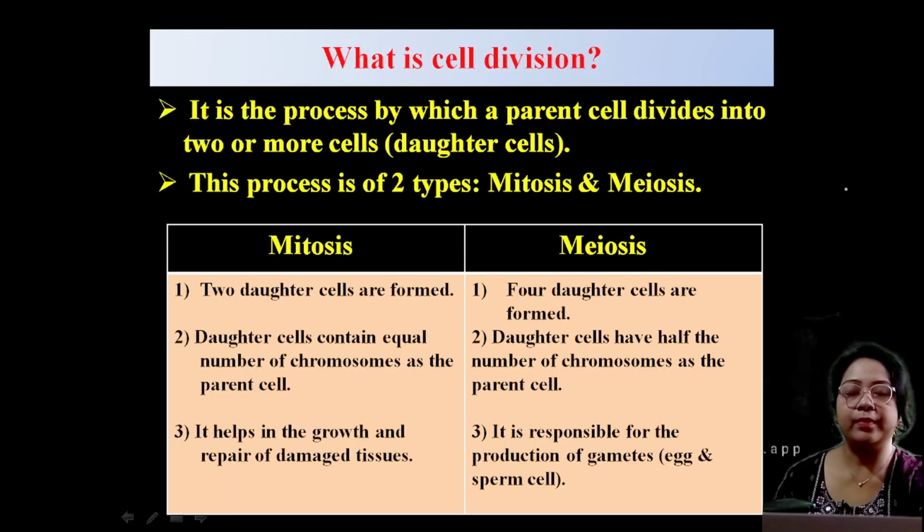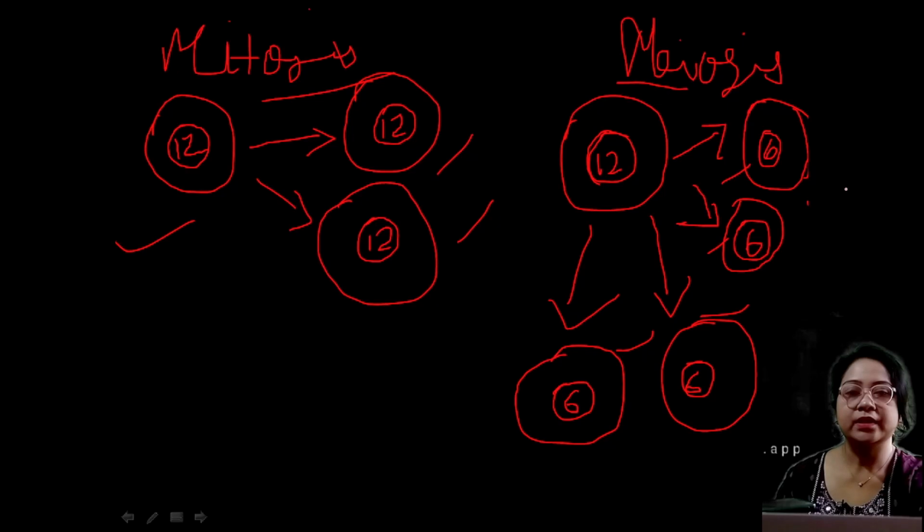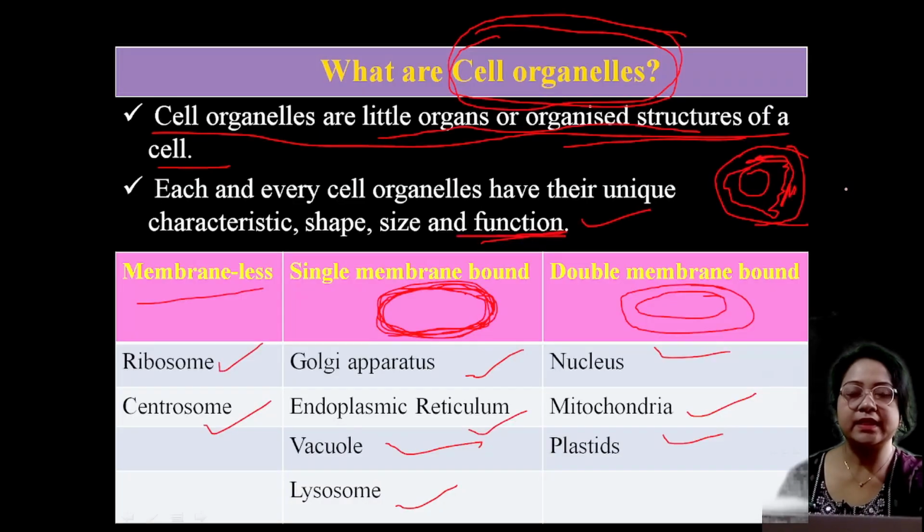Then we studied about cell division and its types, and the process and differences between mitosis and meiosis. Then we studied about the cell organelles and what types of membranes they contain, either they consist of membranes or do not.